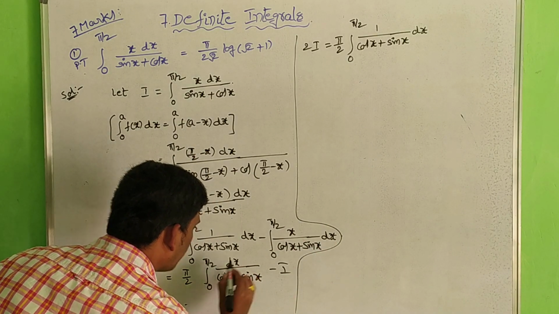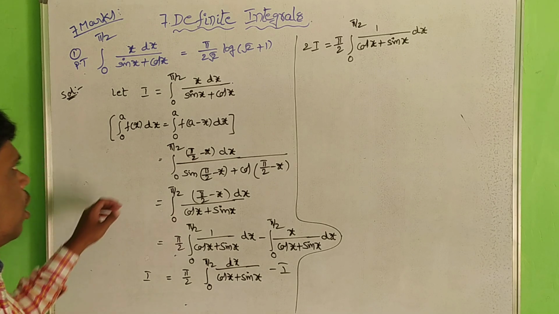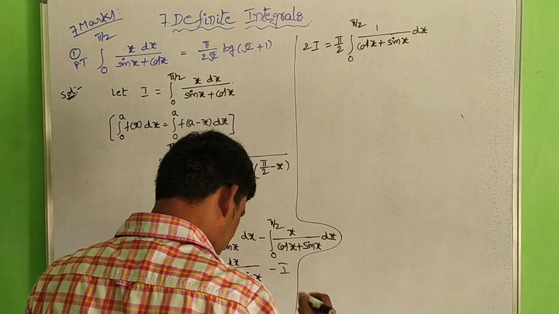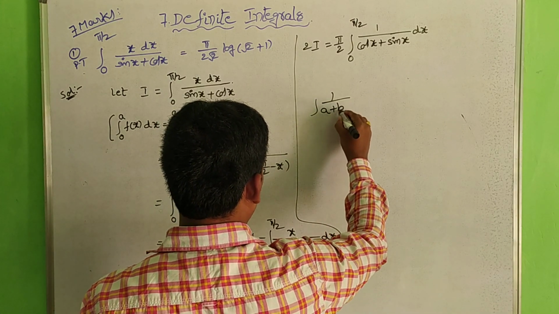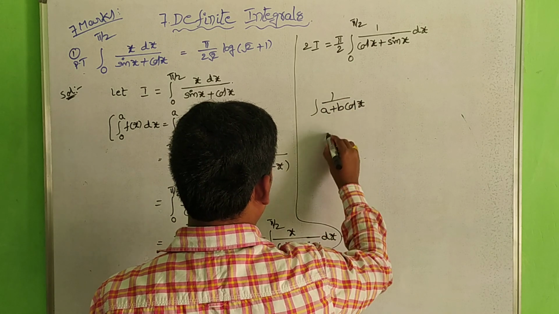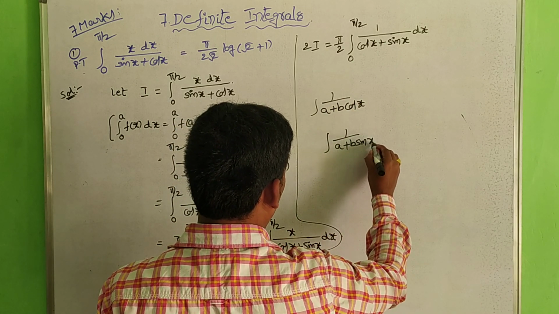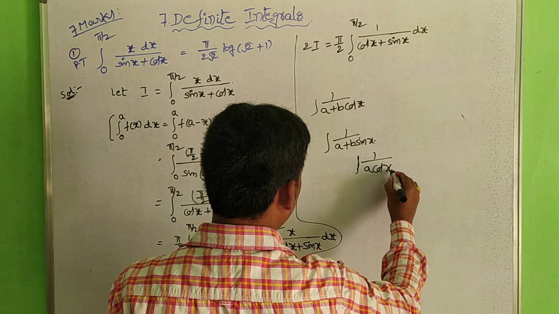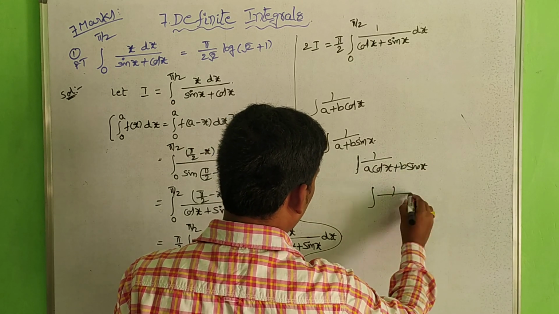This is model number 1 in indefinite integrals: the integral of 1/(a cos x + b), or 1/(a + b cos x), or 1/(a + b sin x), or 1/(a cos x + b sin x), or 1/(a cos x + b sin x + c).